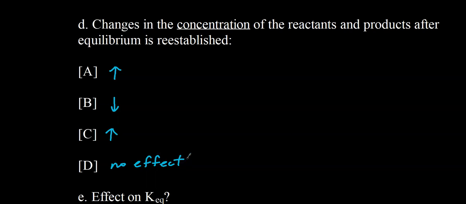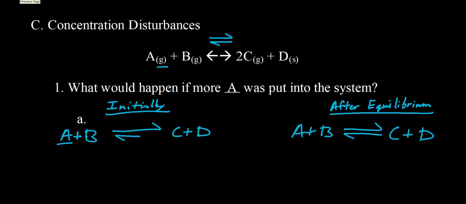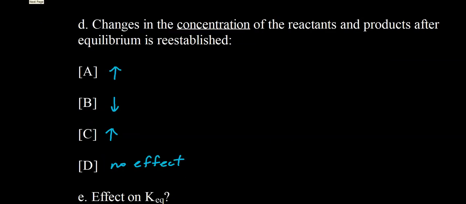And the concentration of D, its amount went up, but its concentration is not affected. Why? Well, if we look back at the original equation, D is a solid. So though the amount of D increases, its concentration does not change. Next question is, what effect will adding more A have on the value of the equilibrium constant?